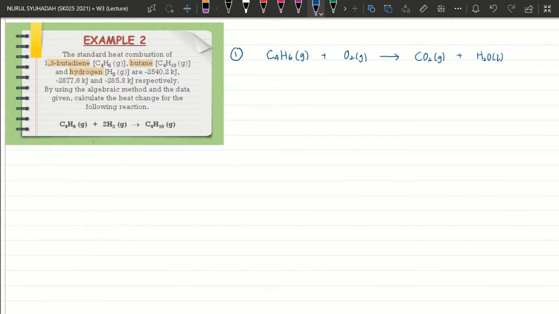Balance the equation: 4 carbon dioxide, and 3 H2O to get 6 hydrogens, and balance the oxygen: 8 plus 3 is 11, so 11 over 2. And then don't forget the delta H value.